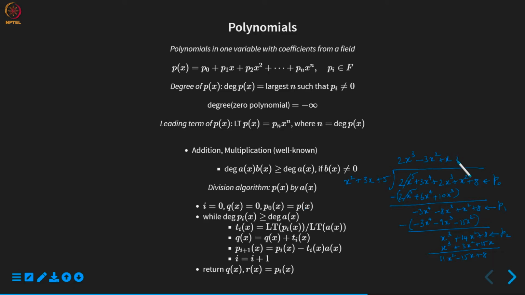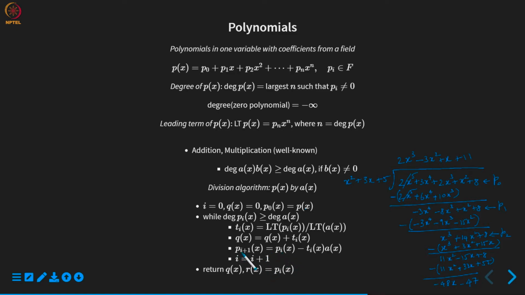Then you get a plus 11, minus again, sorry, minus 11x^2 plus 33x plus 55. Hopefully I am not making too many mistakes here. If you subtract these two, you are going to get minus 48x and then minus 47, I think so. There you go. So that's the end of your division.